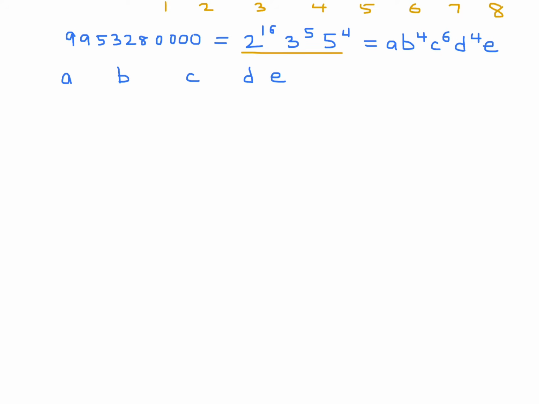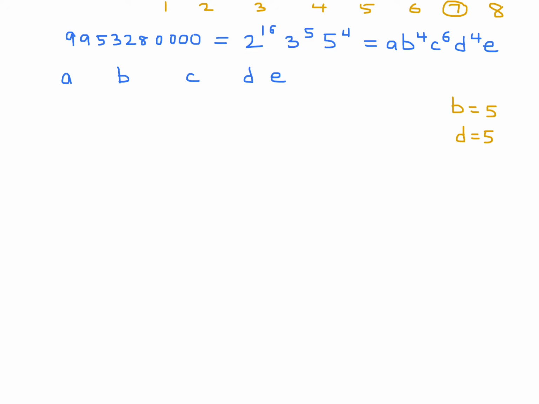Well, the prime factorization doesn't include a 7, so the 7 is kind of useless in our case. And the 5 only appears with an exponent of 4. And therefore, we know for sure that it's got to be either the B or the D, because those are the only ones that have an exponent of 4. So therefore, B is equal to 5 or D is equal to 5. Okay, so that really helps.